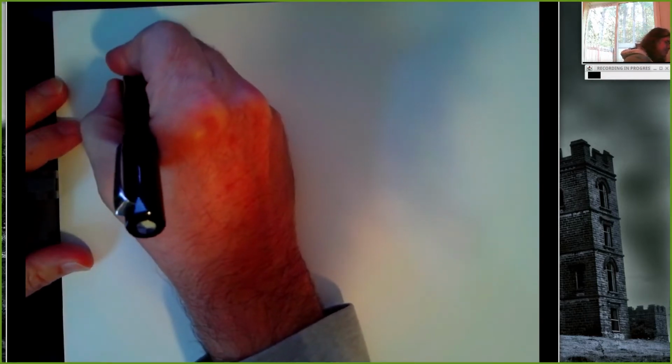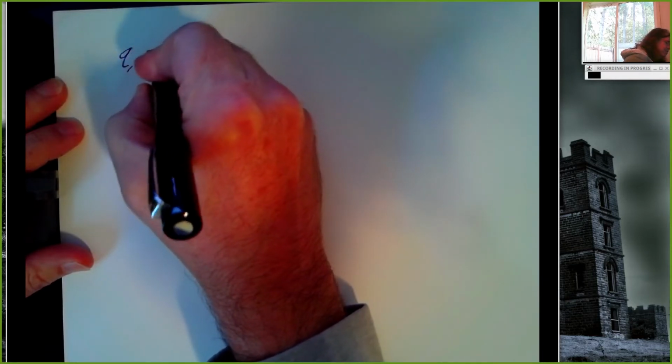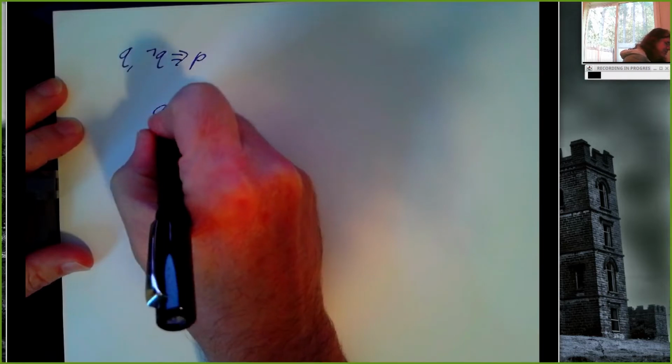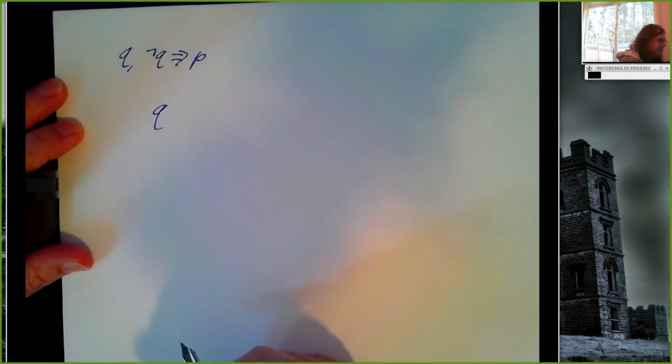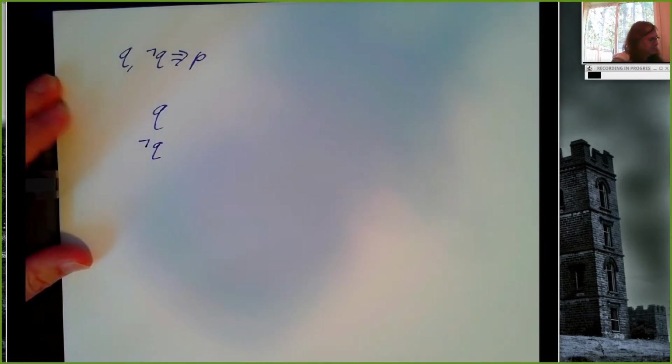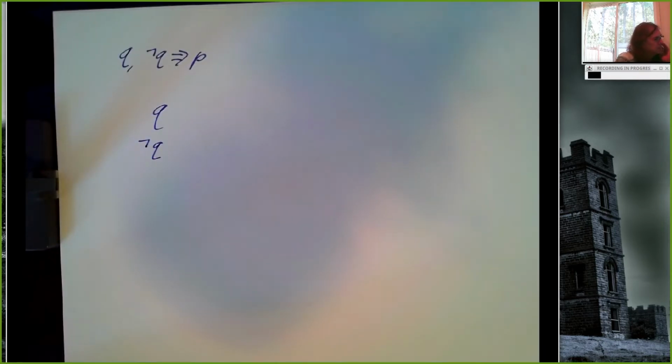So Q, not Q, implies P. Certainly we can write down the hypotheses. So we can write down Q, we can write down not Q. So we know that the hypotheses is that both of those are true.